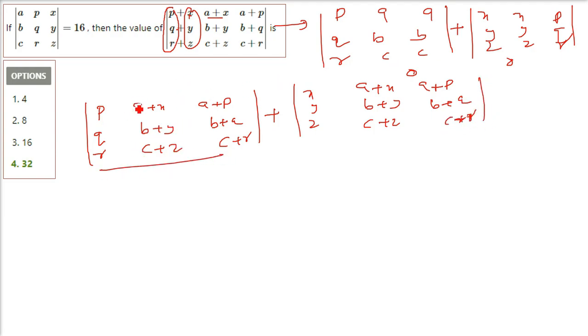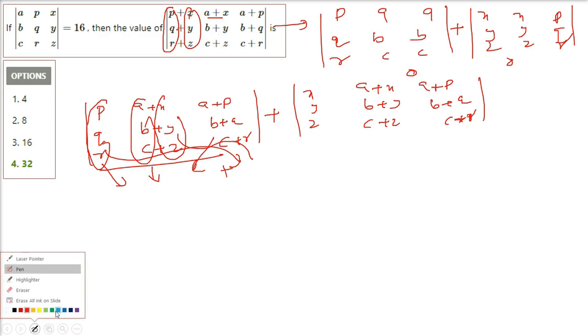Now when we open this first, it will be P, Q, R, A, B, C, and A plus B, B plus Q, C plus R will remain like that, right? Now the second time when we open it, that is the second part of this one, it will be P, Q, R. Now this will be X, Y, Z, and A plus B, B plus Q, C plus R. Suppose you are dividing it into two matrices of addition.